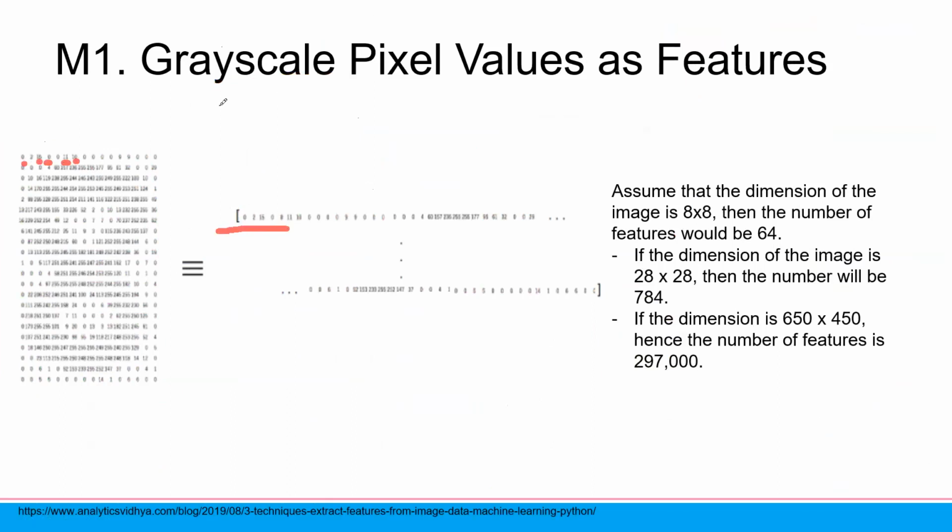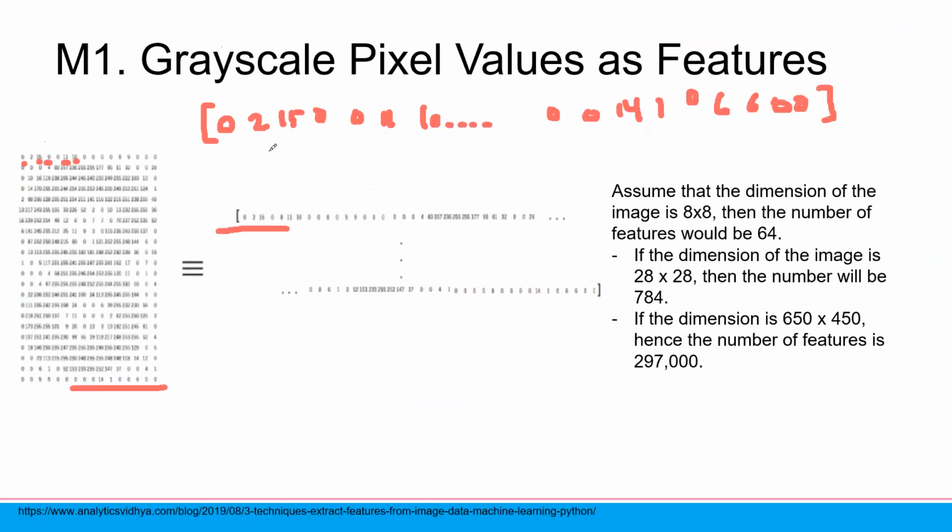So this is an array, or a list, 0, 2, 15, 0, 0, 11, 10, and so on until the last ones: 0, 0, 14, 1, 0, 6, 6, 0, 0. Then we have all the numbers from this image.